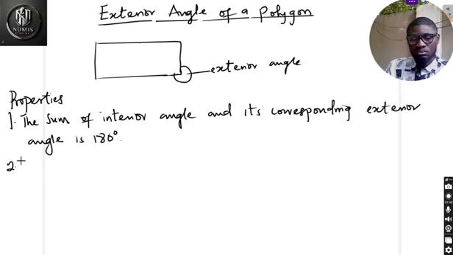Property number two that you should note is that the sum of all exterior angles of a polygon is 360 degrees. So here, the sum of all the exterior angles is 360.